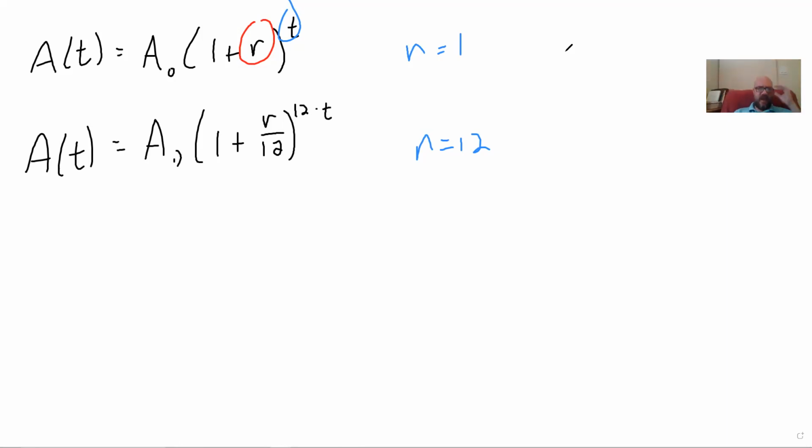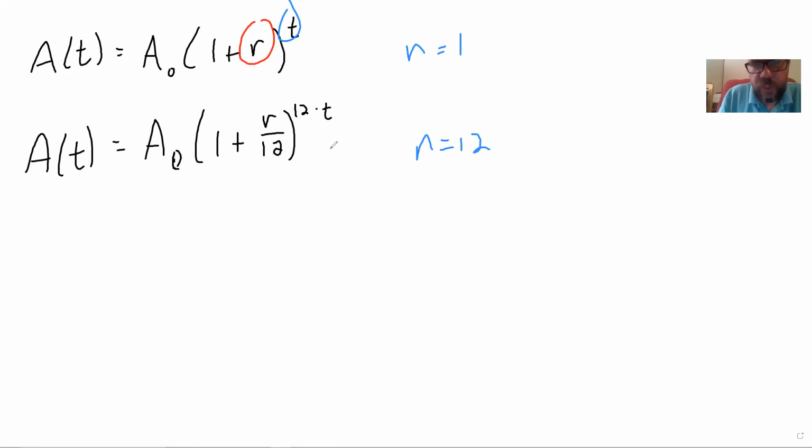So we get something that looks like that, where the way you calculate the interest is 1 plus r over 12. So you get a 12th of the rate, but you get it 12 times as often. This actually works out very slightly in the favor of the person who's earning interest. It's a little bit more. It's not a lot more, but it's a little bit more.